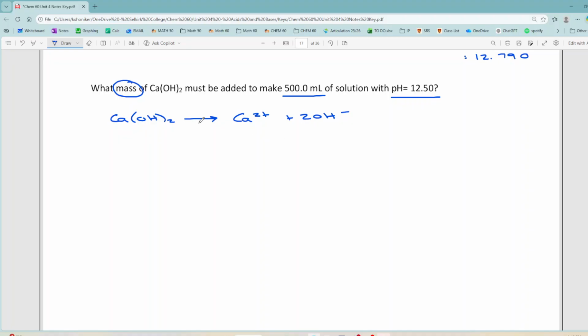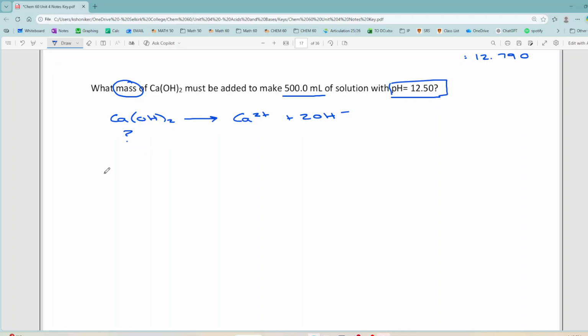Okay, all right, so now what are we going to do? Well, we want to somehow get to the mass of calcium hydroxide, and what they've given us is the pH. Now, from pH, we could find pOH, which would then allow us to find the hydroxide ion concentration. So let's start with that.